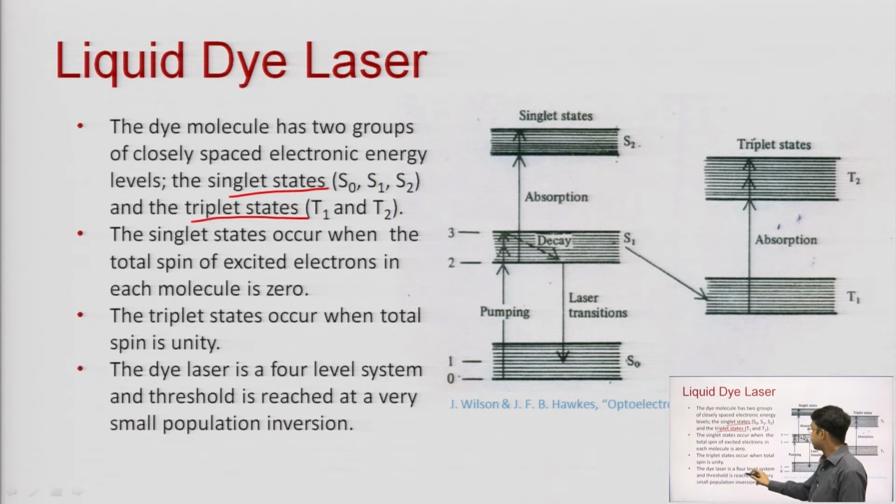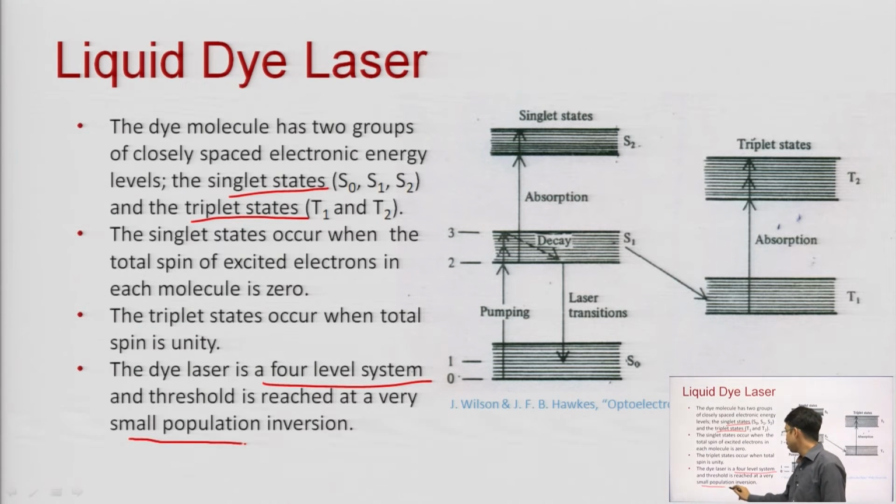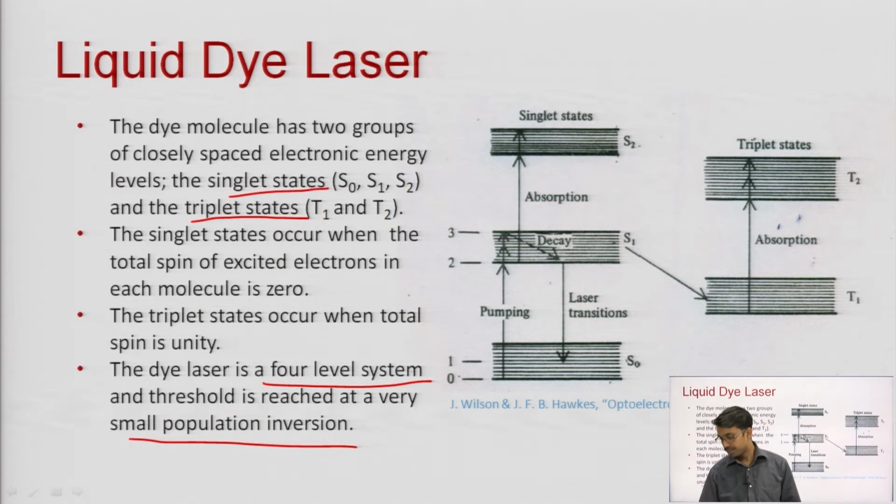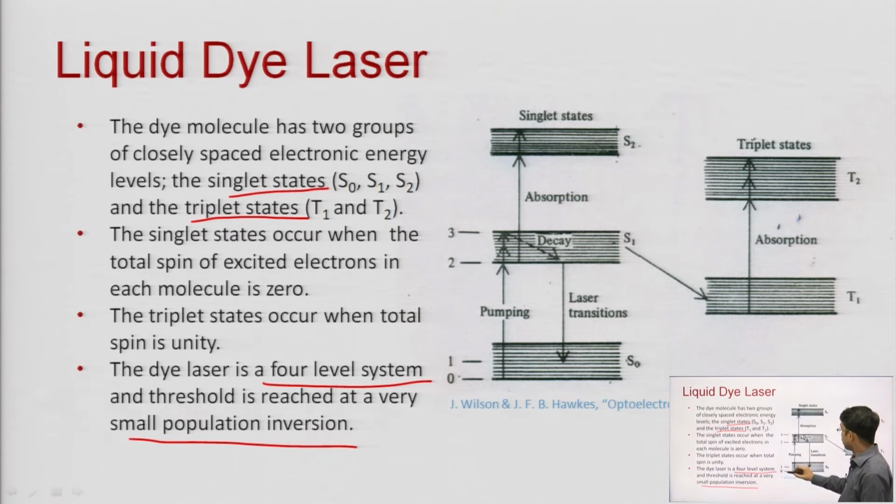So, basically it is a 4 level energy system and threshold can be reached at a very small population inversion. Okay. So, over here, in the pumping action of the 4 energy level system, 0, 1, 2, 3, atoms are getting excited and through decay, and after that through laser transitions we get lasing action. Okay.